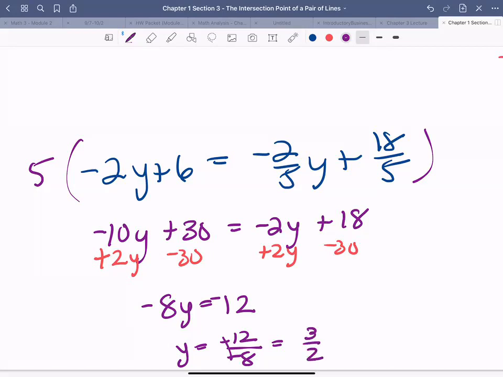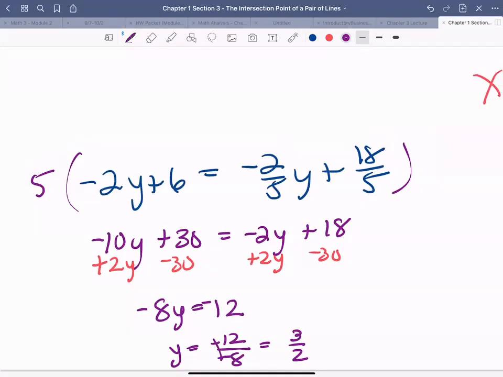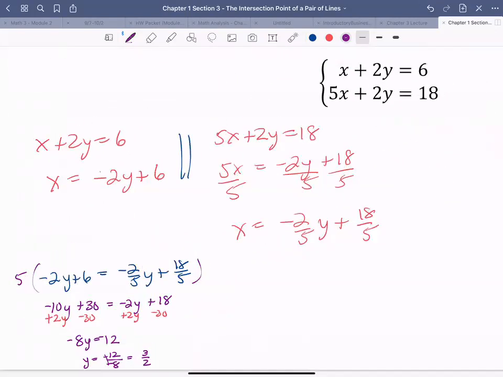That's our y value. Now what do we do with that? Now we take that and we substitute it into whatever one we want to. I am going to substitute it into x equals negative 2y plus 6. So I'm taking this one right here.